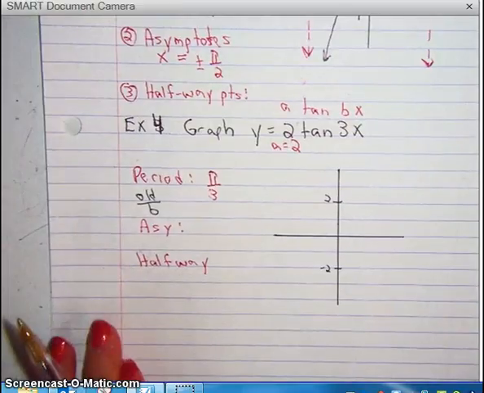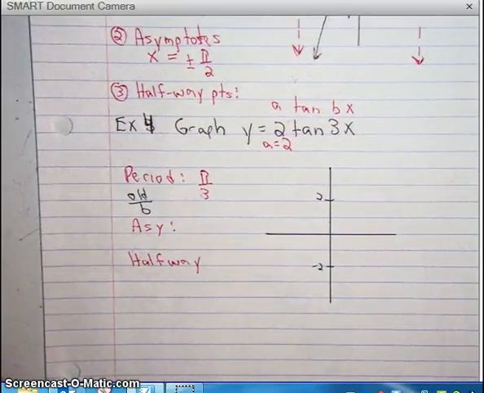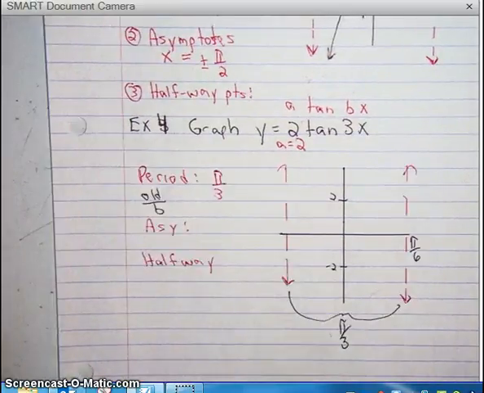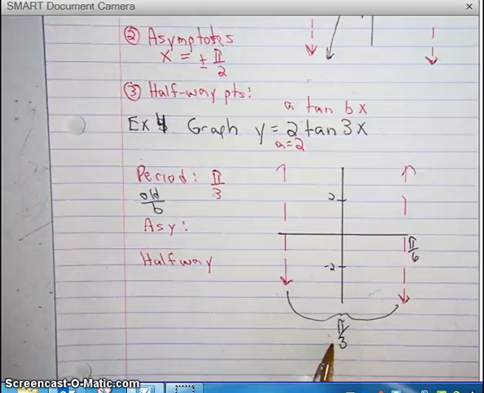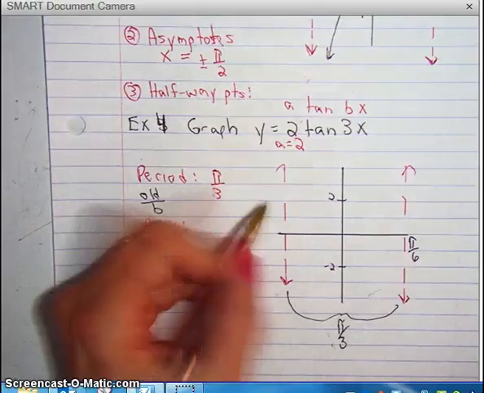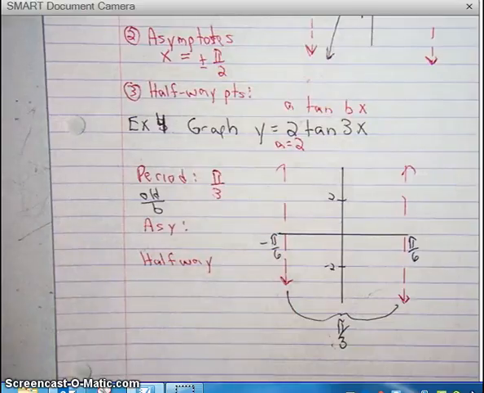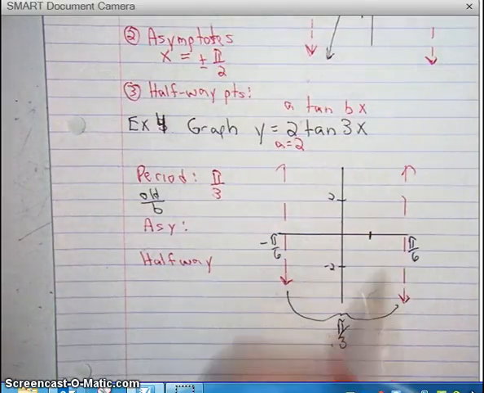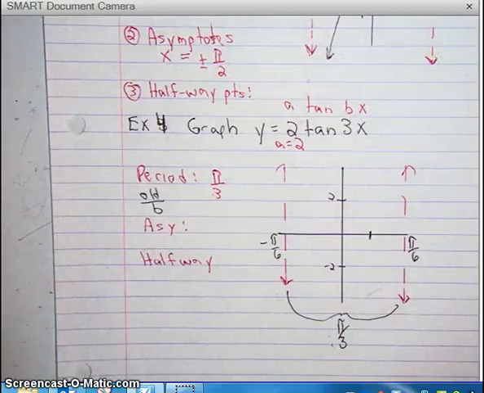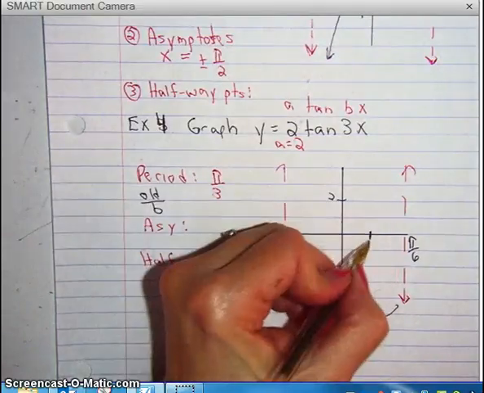Now, here's the big question. Okay. So we take a half of a third and we get pi over 6. Now, next halfway point. What's half of a sixth? Or 1/2 times 1/6? A 12th.